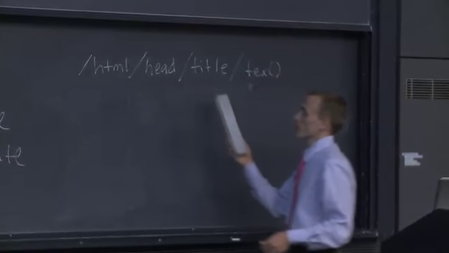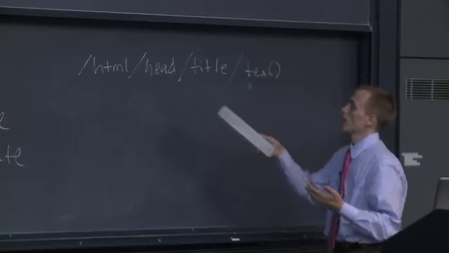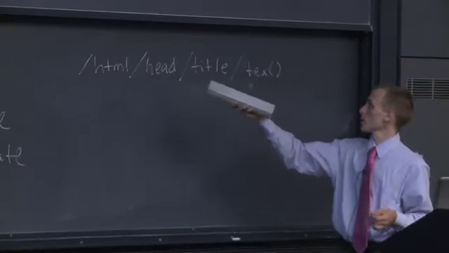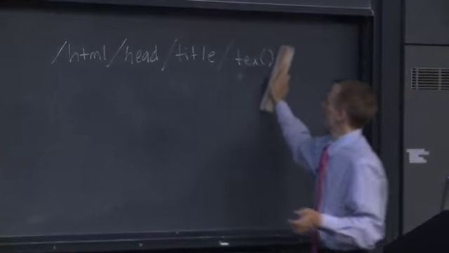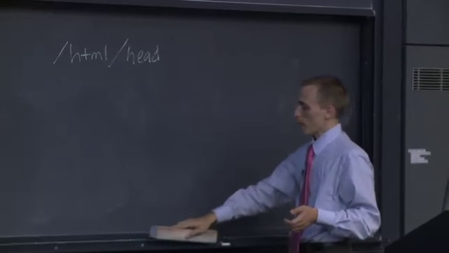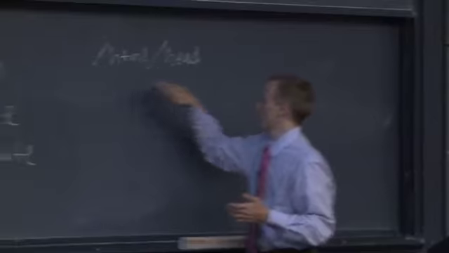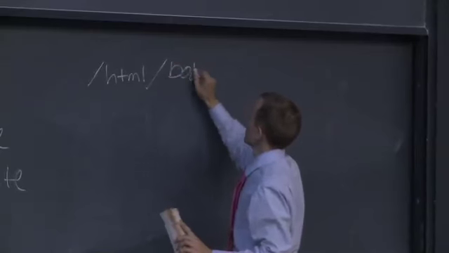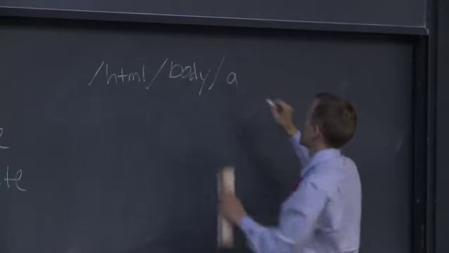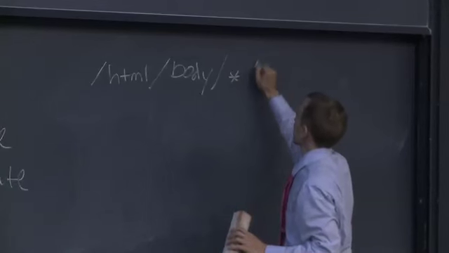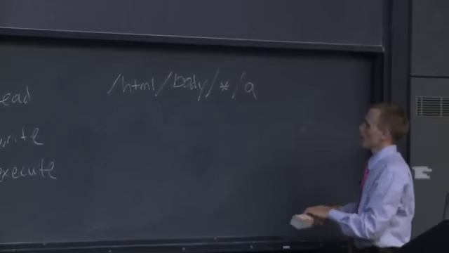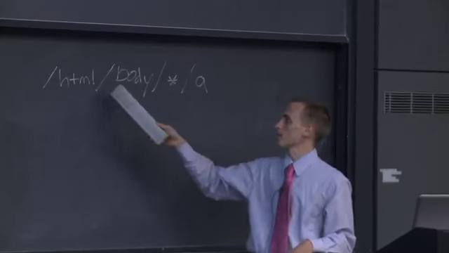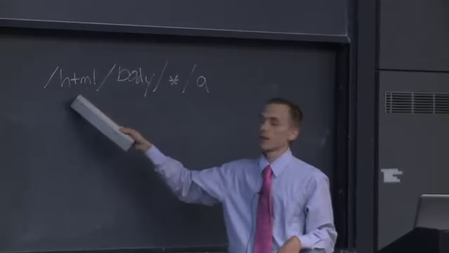And the other salient feature about XPath is that if there's not just one, in this case, most HTML documents only have one title. But if there are multiple matches for that combination of parent, child, child, like let's say HTML body A, or maybe body anything A, this would match all anchors that are children of something, that are children of the body element, that are children of the HTML document.